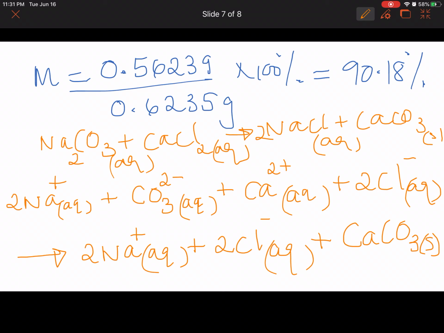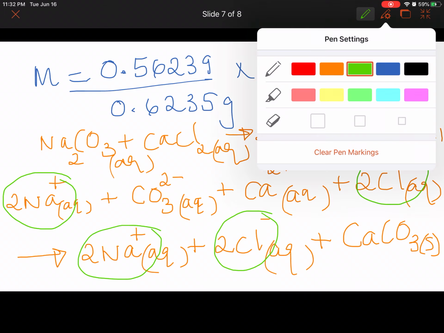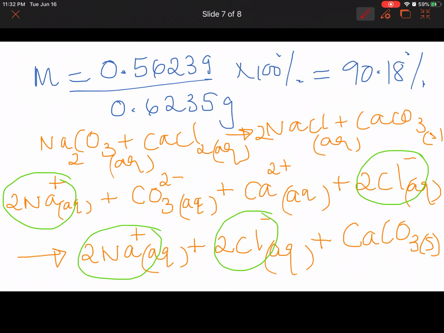And then what are the spectator ions in this reaction? Spectator ions are the ones that you find on both sides in the same form. So 2 sodium ions on the reactant side, 2 sodium ions on the product side, and then we have 2 chloride ions on both sides. So they are going to be your spectator ions. And then what would be the net ionic equation? Calcium carbonate is a solid. It would be formed from calcium and carbonate.